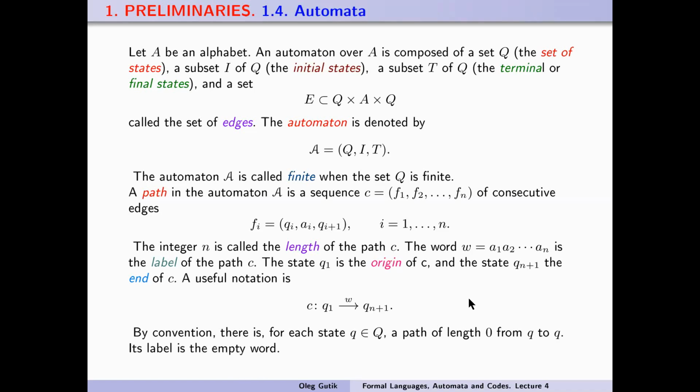So if we have some state q and no arrow, we have the path from q to q, which has length 0, and the label of this path is the empty word.